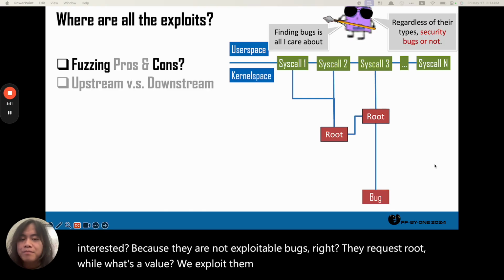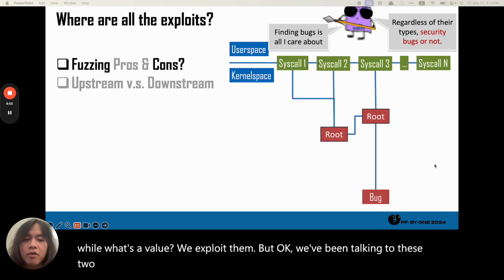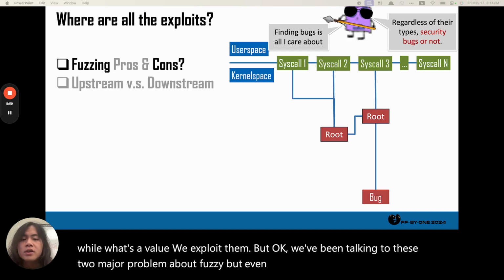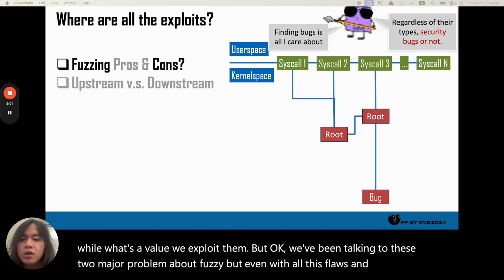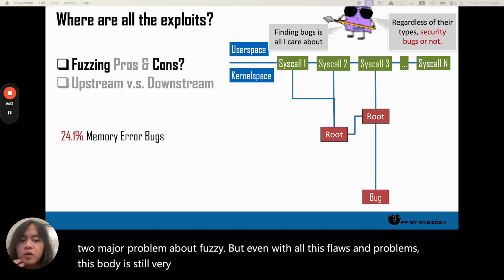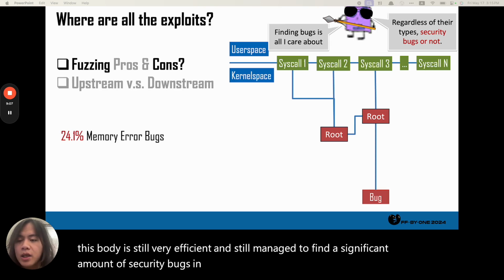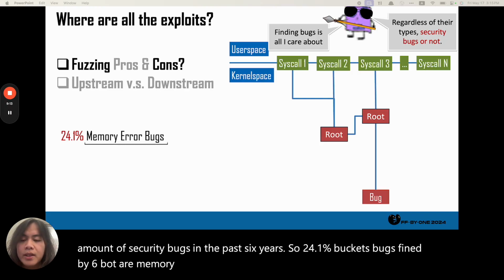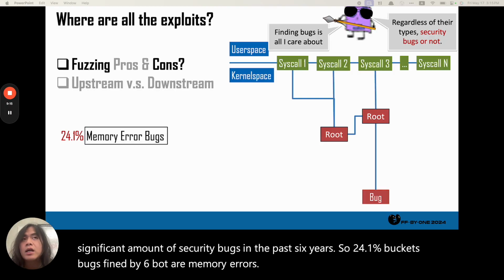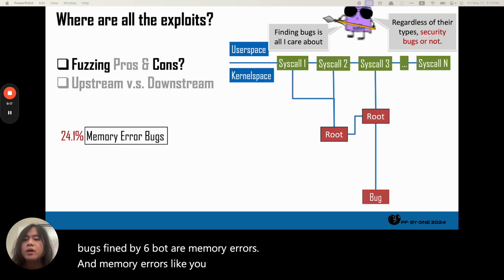But okay, we've been talking about these two major problems of fuzzing, but even with all these flaws, Syzbot is still very efficient and still managed to find a significant amount of security bugs in the past 6 years. So 24.1% of bugs found by Syzbot are memory errors, like use-after-free, out-of-bound, and double free.